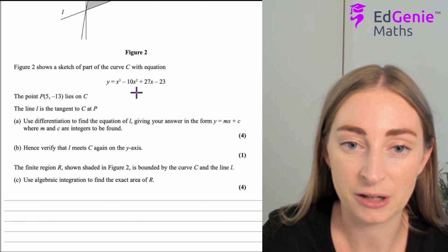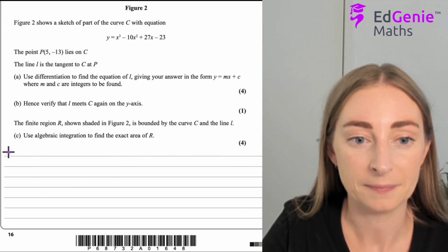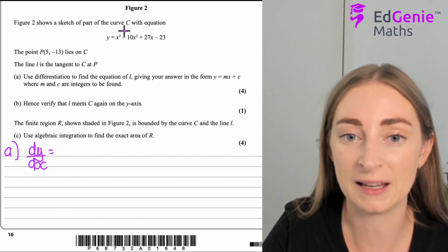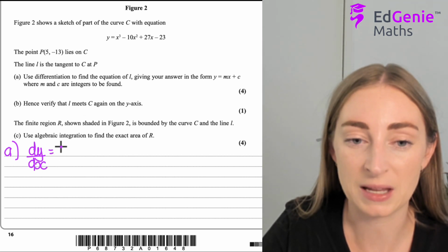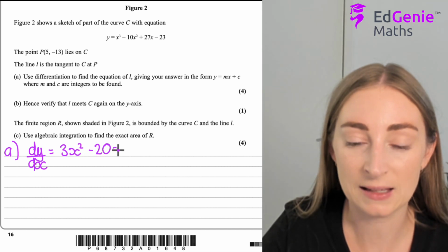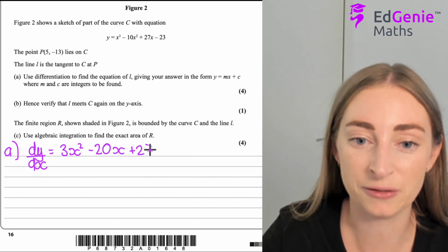So let's have a go at that. So dy by dx. So I'm differentiating this here. So it's going to be 3x squared minus 20x plus 27. And my x value is 5.